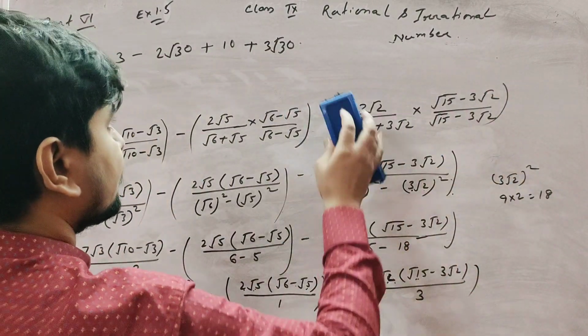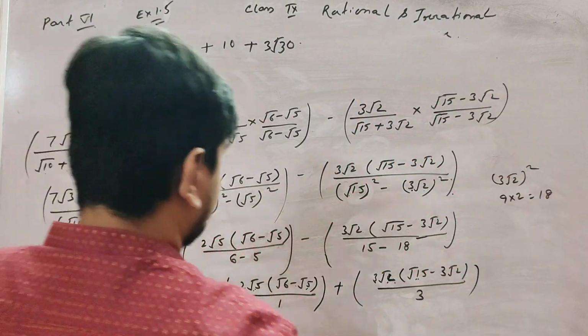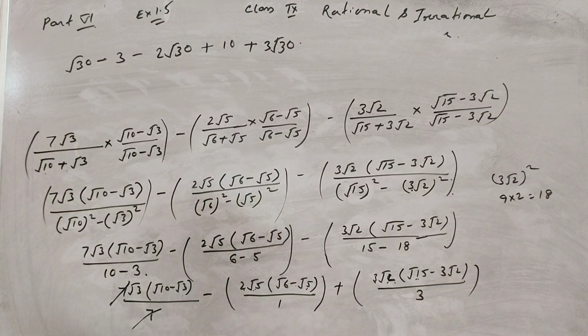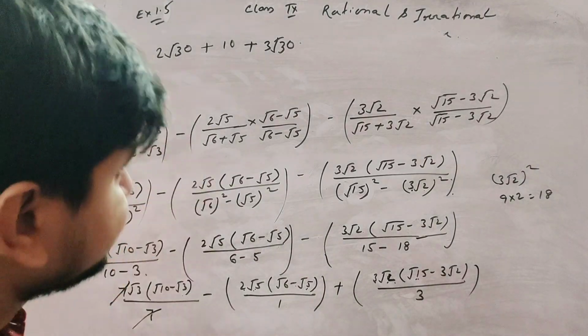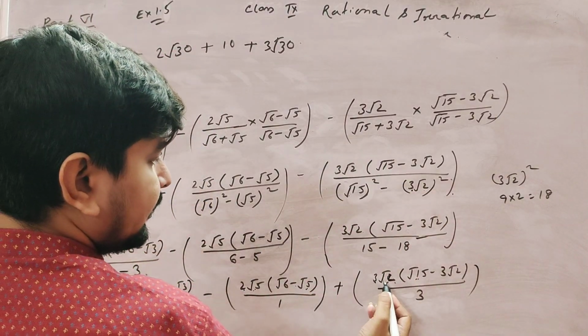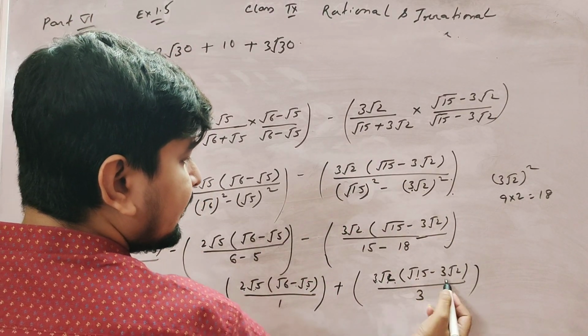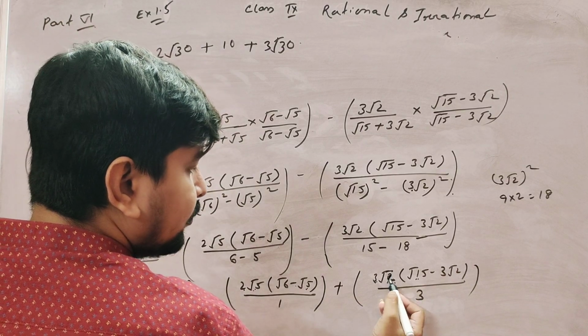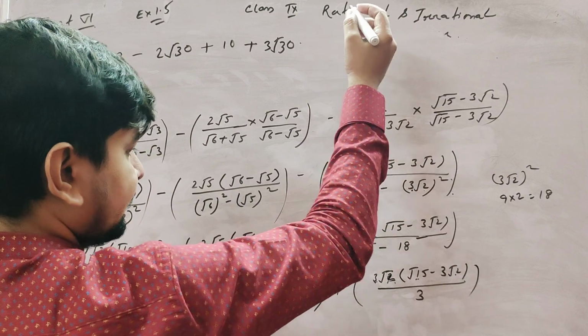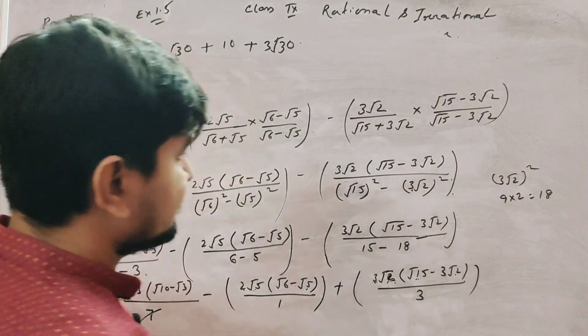Okay. Some sign is mistake here, no? So root 30, that is minus root 30, sign minus, 2 root 5. Okay. Now 3 threes are 9 and 9 twos are, see here root 2 is 2 and 3 threes are 9, is 18. Somewhere is a mistake, no?